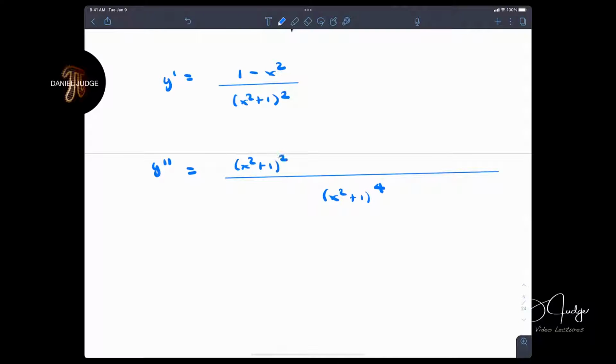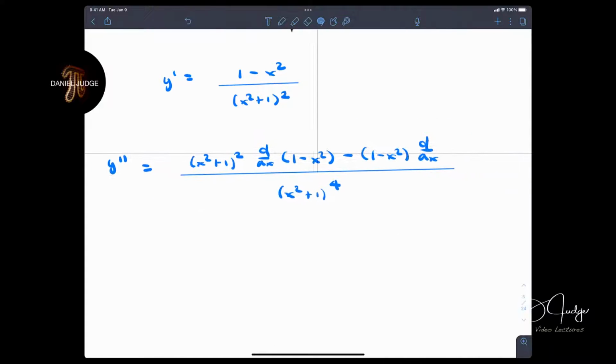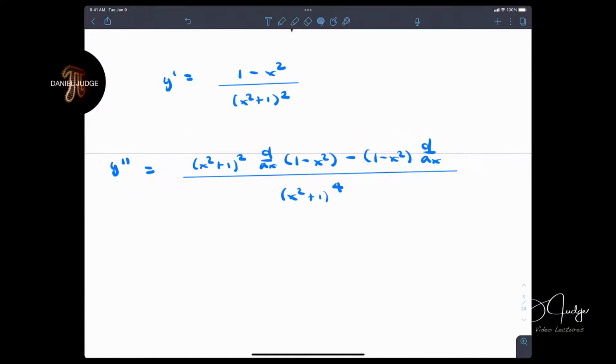x squared plus 1 squared up here. Derivative of 1 minus x squared times 1 minus x squared, minus 1 minus x squared times the derivative of x squared plus 1 squared. So let's be careful here.